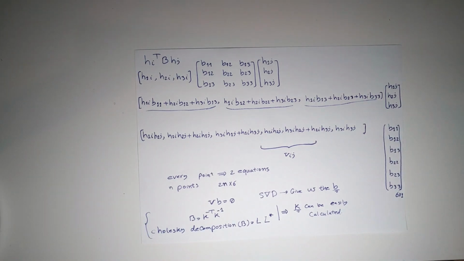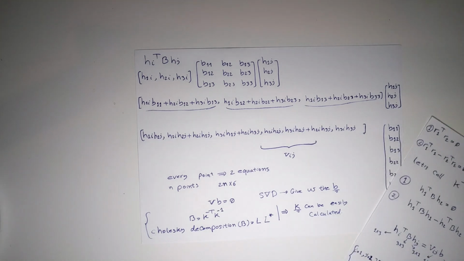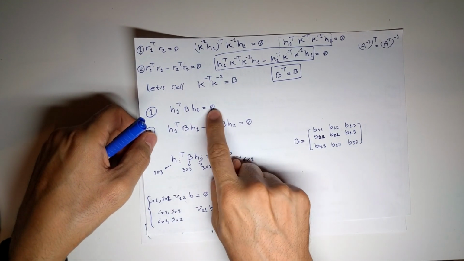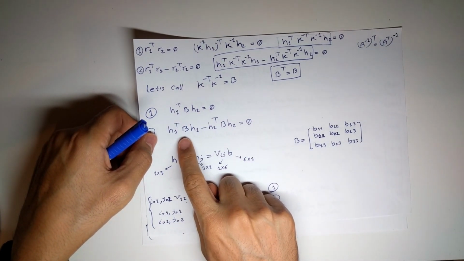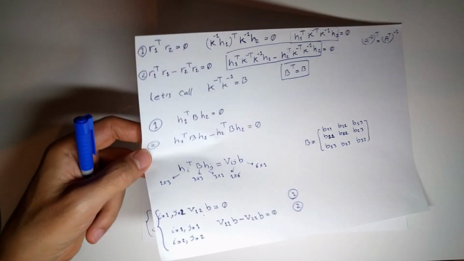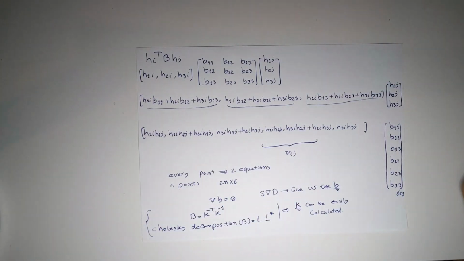For every point, we get 2 equations. One is if I put i and j as 1, 2, it should be 0. And the other one is if I subtract them, when they are equal, this should be again 0: V11 minus V22 times B. So this is Vij. I write it 2 times for i and j, and I write it for several points.